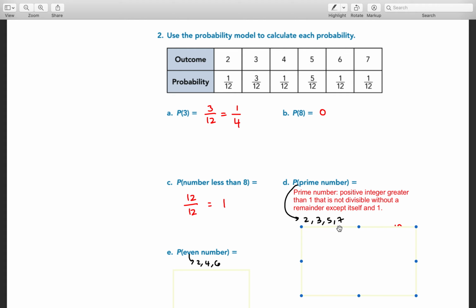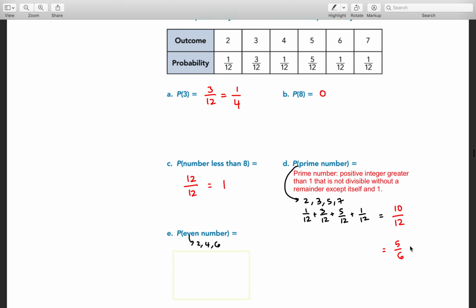And so the probability of you rolling a 2 is 1 over 12. Probability of you rolling a 3 is 3 over 12. Probability of you rolling a 5 is 5 over 12. Probability of you rolling a 7 would be 1 over 12. So when you add them all up, 1 plus 3 plus 5 plus 1 is equal to 10 over 12.